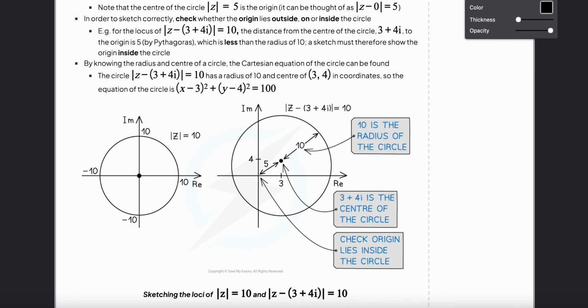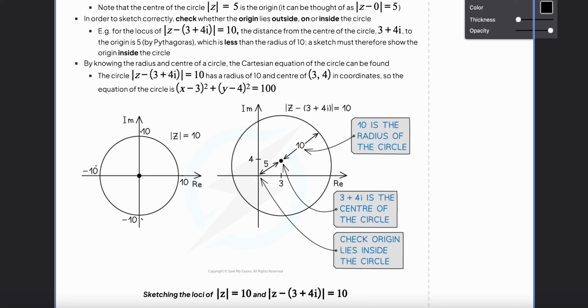So here are some examples that we have. We have modulus of z equal to 10. On an Argand diagram, I have my center on the origin and my radius is 10, and so my circle is passing through 10, -10 and so on, since my radius is 10.